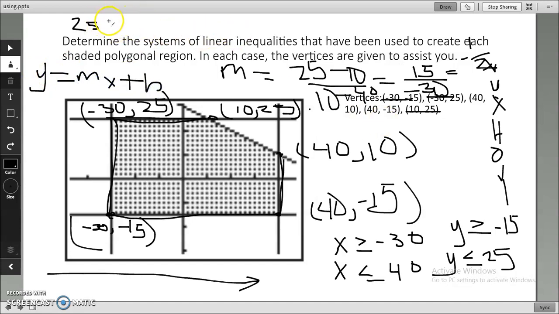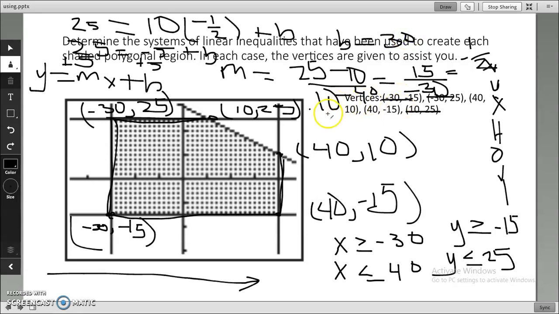So 25 is equal to my m, negative 1/2, times 10, which is my x, plus b. So 25 is equal to negative 5 plus b. I'm going to add 5 to both sides, and I get b is equal to 30.